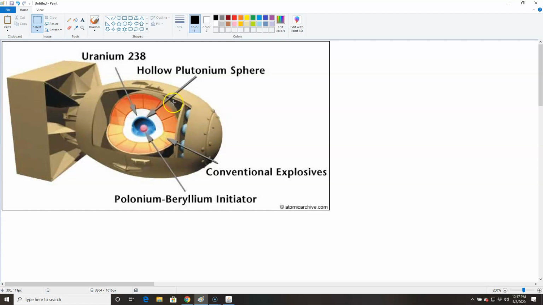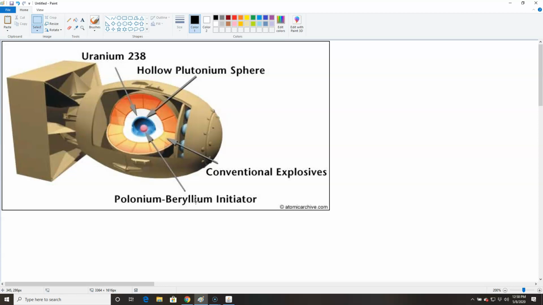So when we want to detonate it, we have a conventional style of explosive devices that are surrounding this whole thing. And when we trigger those conventional explosives to detonate, it causes the hollowed out plutonium or uranium core to collapse in on itself and on top of that neutron emitter. That causes the chain reactions to begin, and when the chain reactions begin, they can't be stopped, and it goes boom. So that's how the atomic bomb or A bomb works.